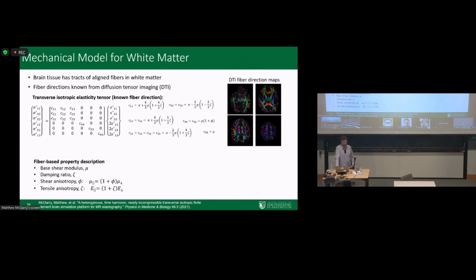We use a fiber-based property description, where we've got a base shear modulus, which is like an average shear modulus. We've still got a damping ratio. And then we've got two types of anisotropy: the shear anisotropy, which tells you how much stiffer the material is in shear along the fiber axis and planes involving the fiber axis, and the tensile anisotropy, which tells you how much the tensile stiffness changes along the fiber axis versus across.